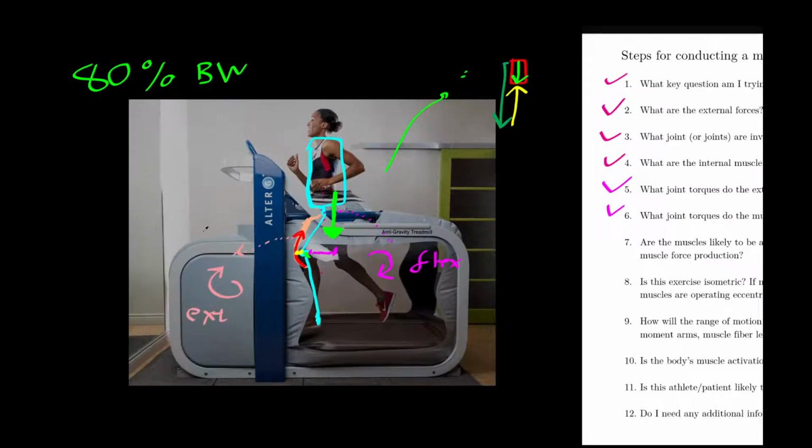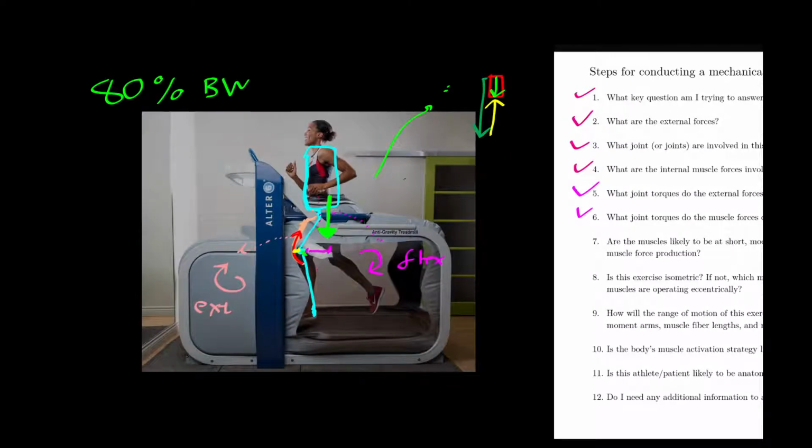And the balance of those torques, meaning this knee extension torque compared to this knee flexion torque, is going to determine what happens when you run. So if you're trying to push yourself off the ground, meaning you're trying to straighten your knee and push yourself up, this torque needs to be bigger than that torque.